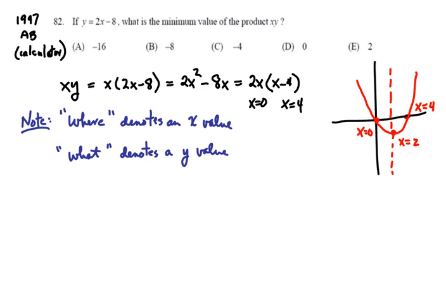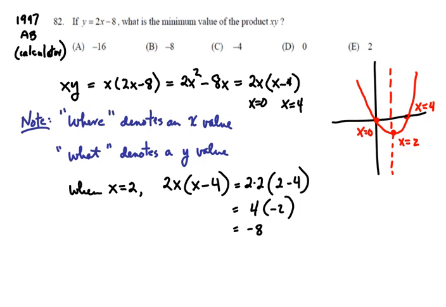We still have to plug that value back into the function, and when x is equal to 2, y is going to equal negative 4, and so the product xy will equal negative 8.